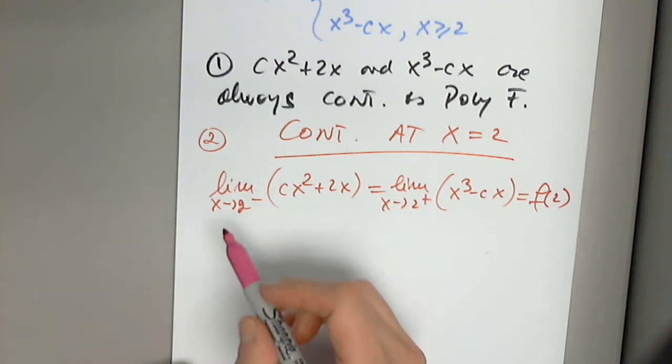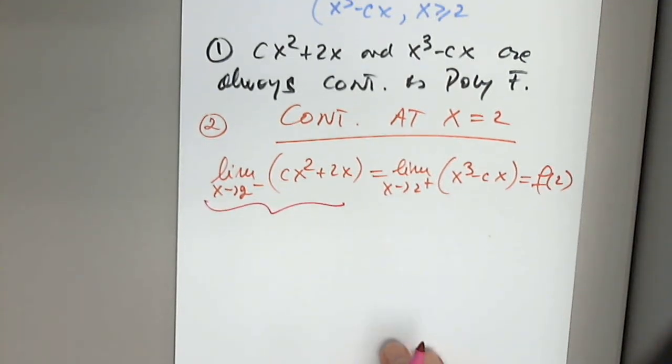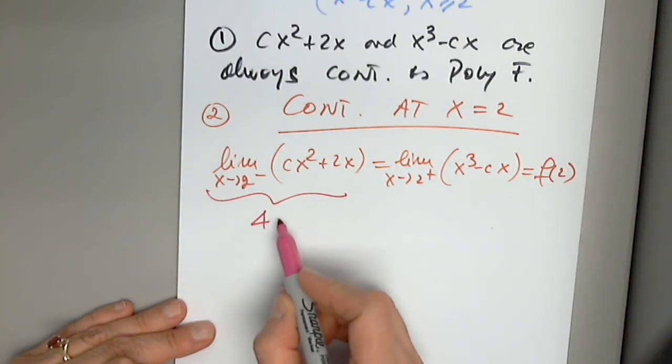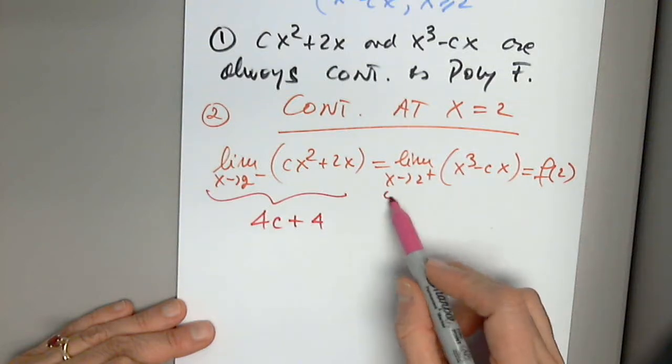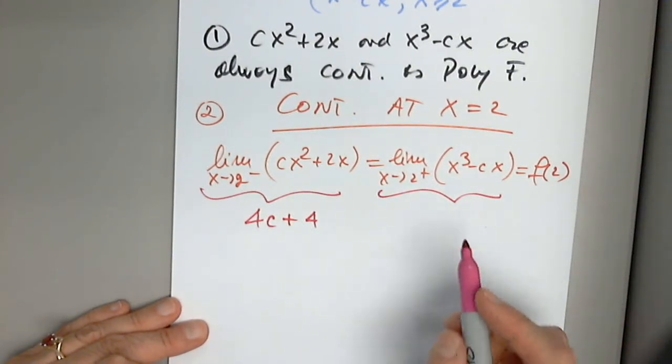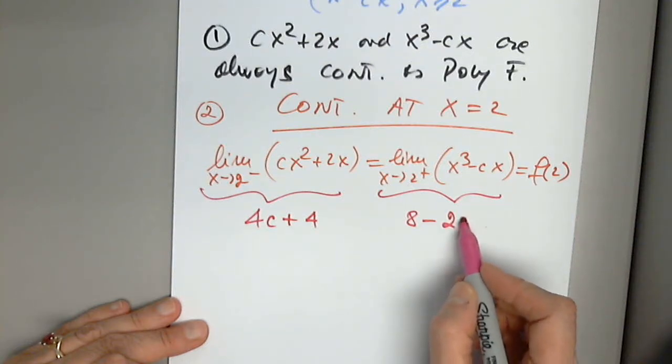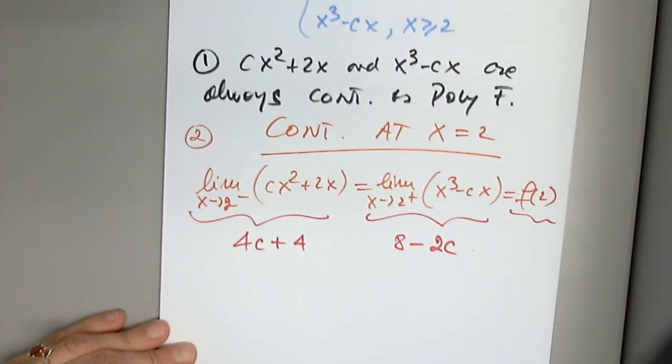Can anyone give us the left? 4c plus 4. Can anyone give us the middle? 8 minus 2c. Can anyone give us f of 2?